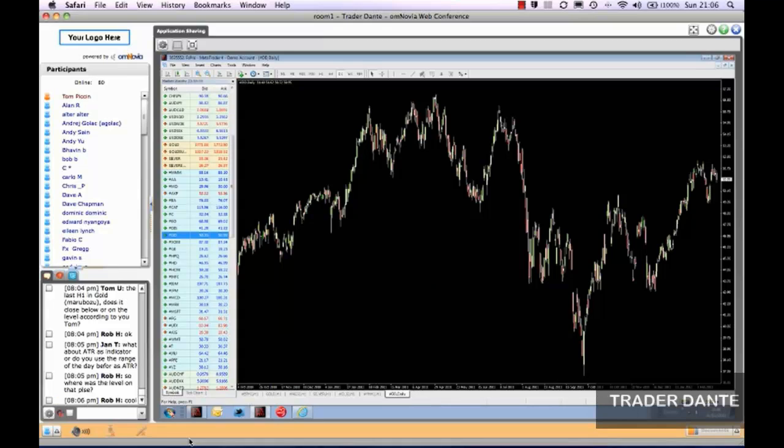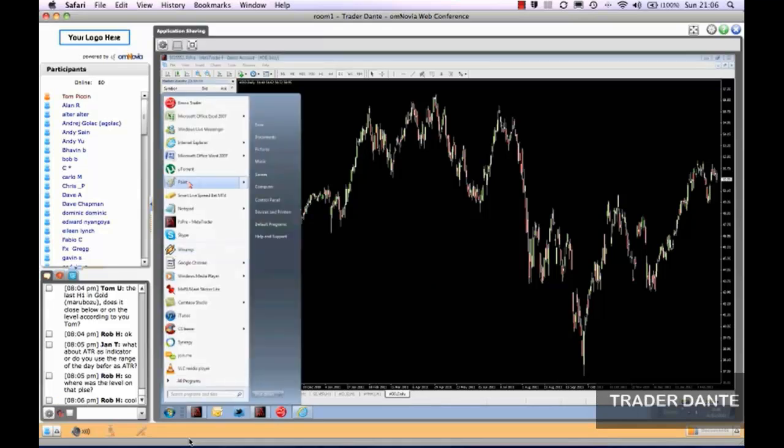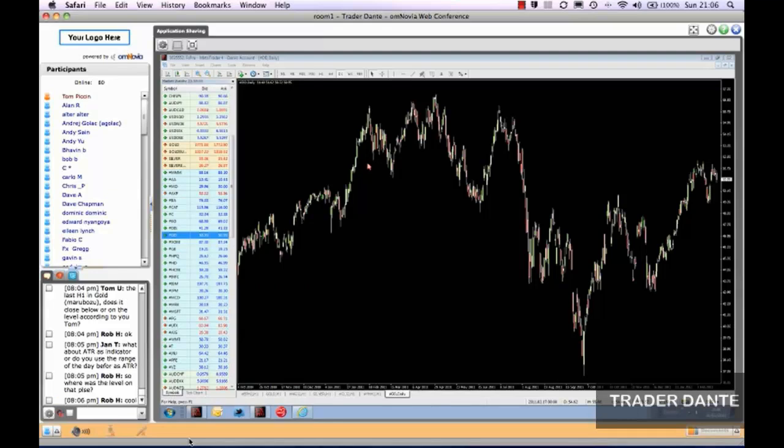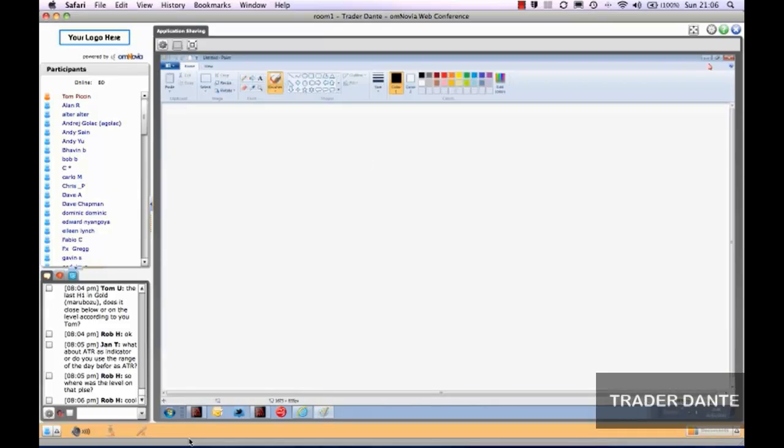So the main rule that you want to try and take away from today, I'm going to write down. Okay, so the number one rule is identify the zone. This is what I do with my eye. Identify the zone.